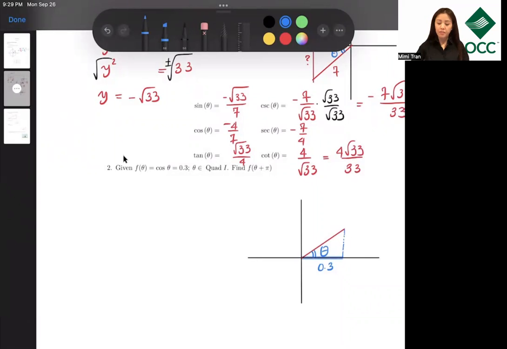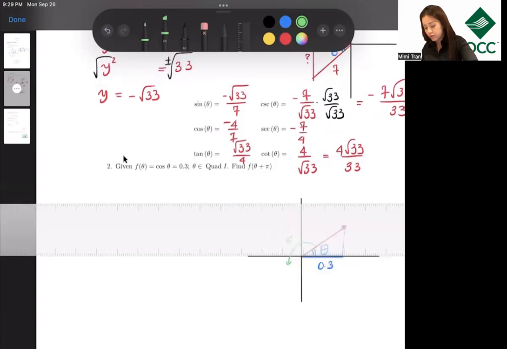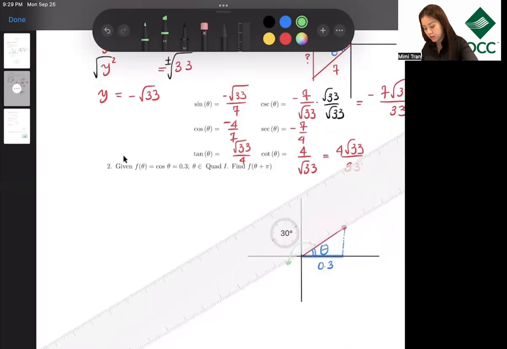So from that terminal side, from this point right here, you're going to go another 180 degrees. So what does that mean? I mean you go like this. So that's pi or 180. Rewrite pi like that. So that means if I extend that little red line, it looks like this.